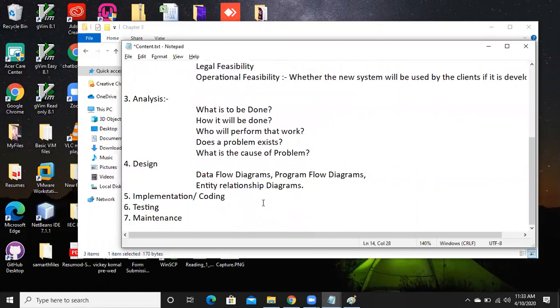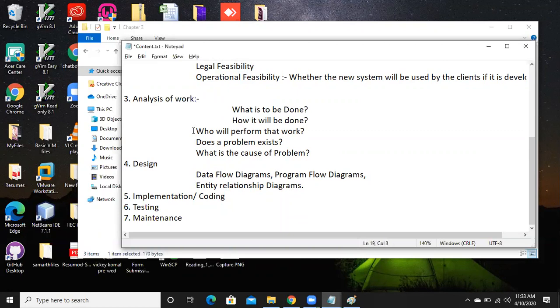Now the next step is the analysis of work. In this step, basically, we ask questions about what is to be done in our new system.